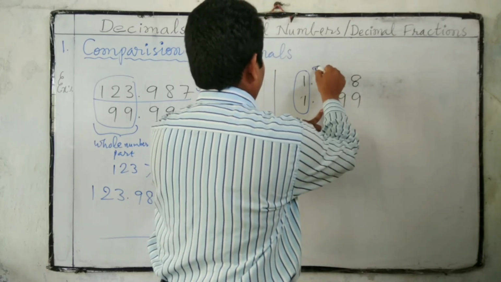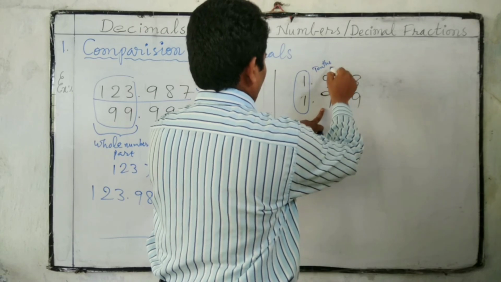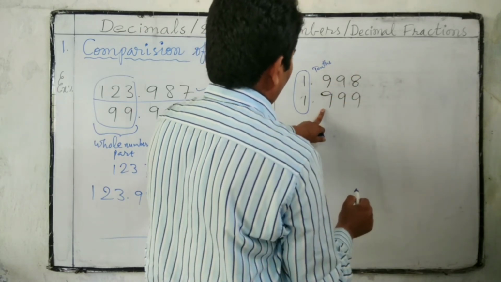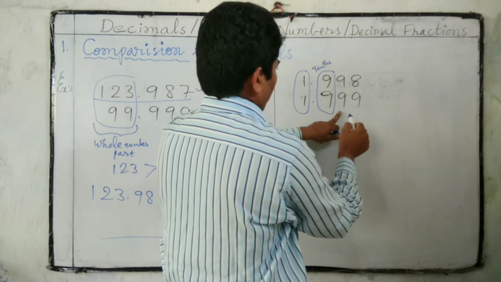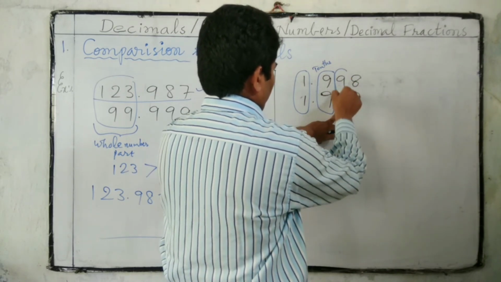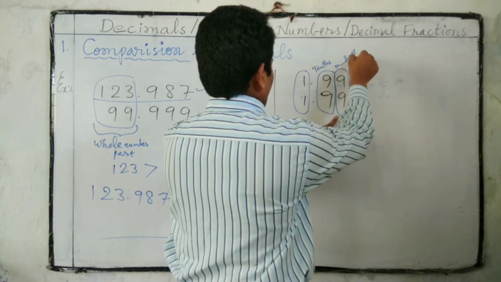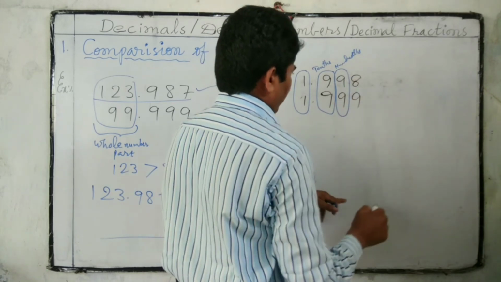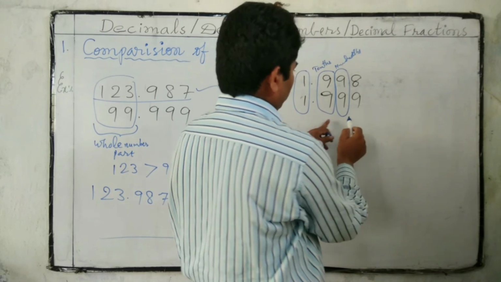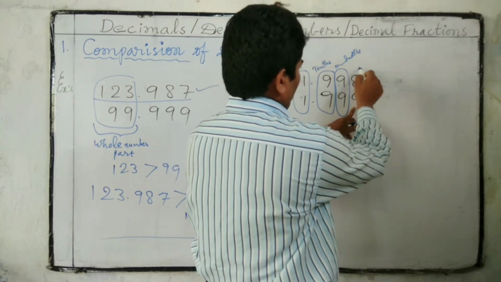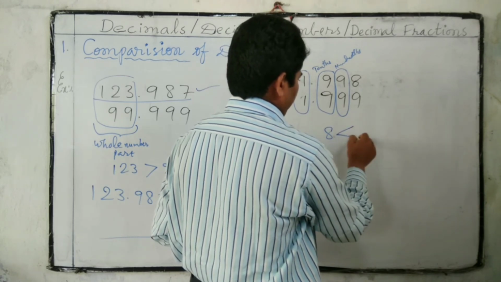Next tenths part, tenths place. These are also same. Next hundredths place, these are also same. Now thousandths place, here 8 is less than 9.